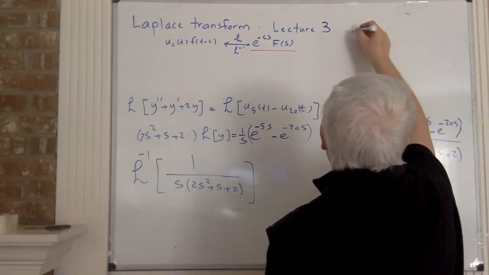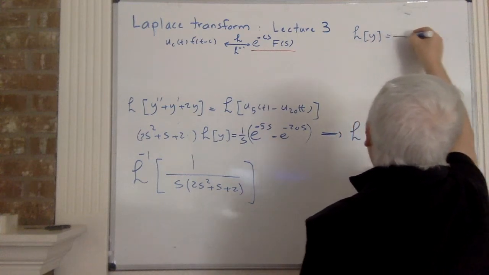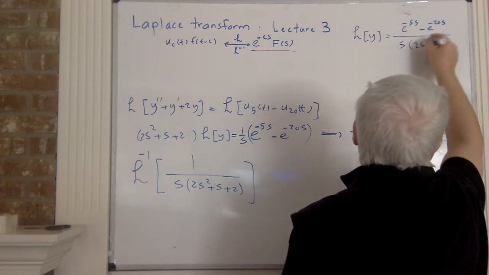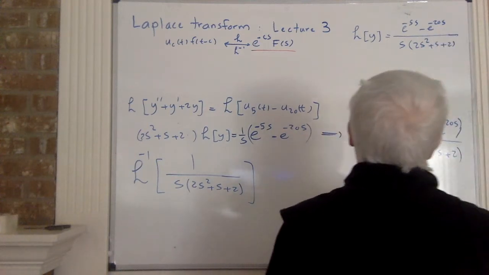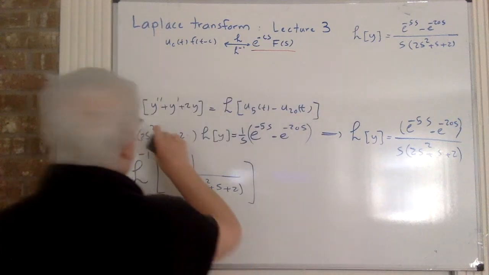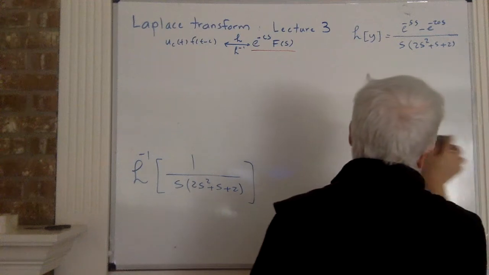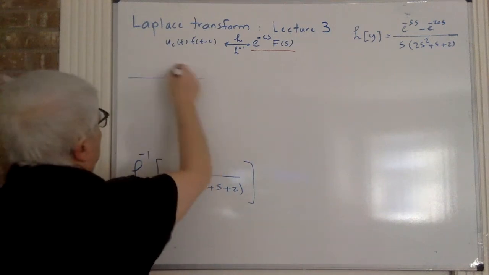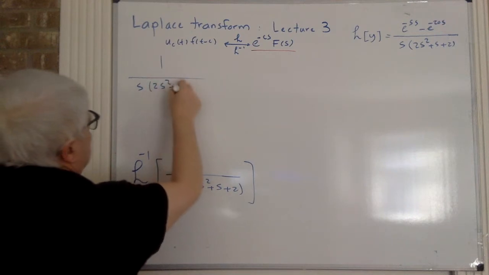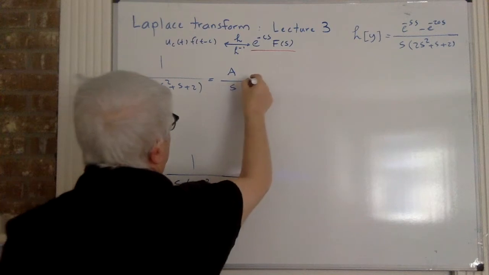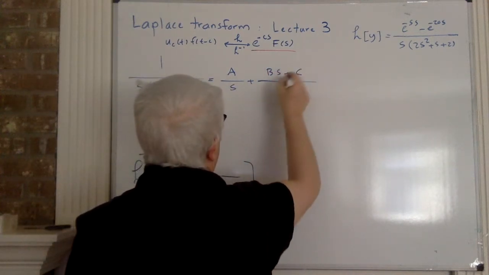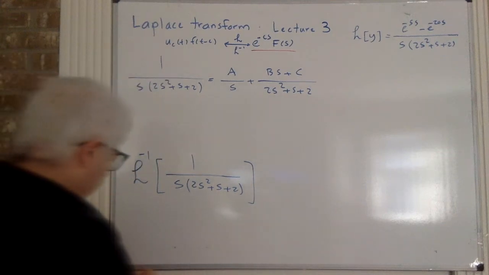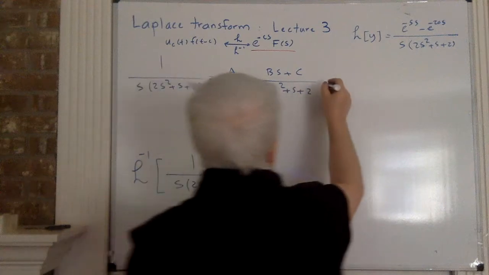So 1 over s times (s squared plus s plus 2) is like A over s plus (Bs plus C) over (s squared plus s plus 2).